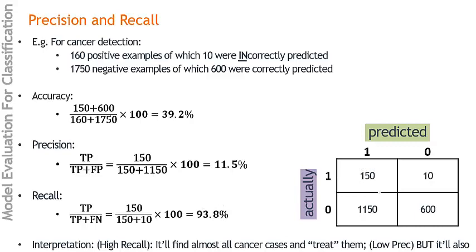But on the other hand, you're incorrectly identifying as cancerous a lot of patients who are not cancerous. So you have these inflated numbers of predictions that's bringing down your precision. All right. So as it says down here, if you use this classifier, it's really not going to be very helpful because you're identifying too many people as possibly cancerous, so you're certainly not going to want to treat them all.